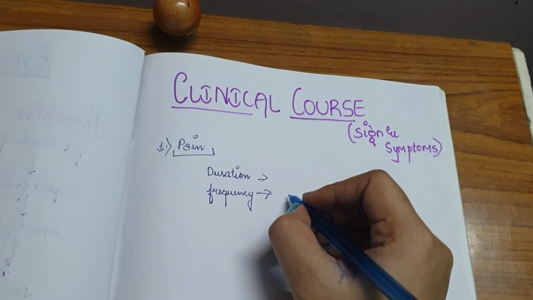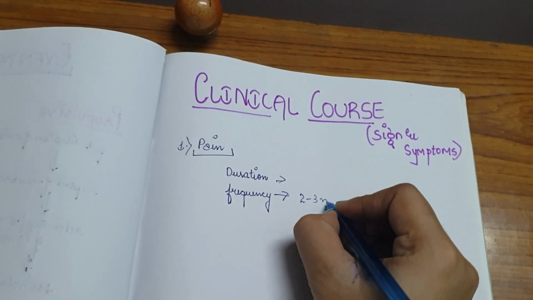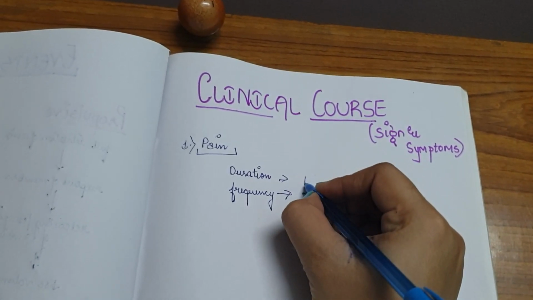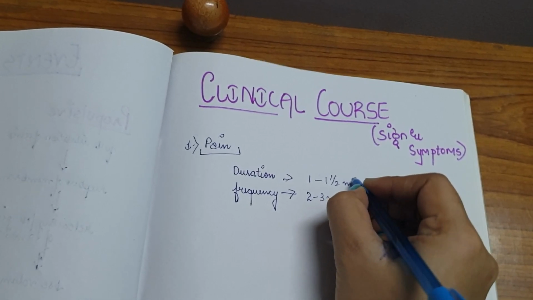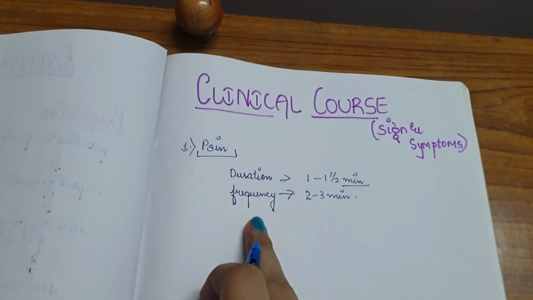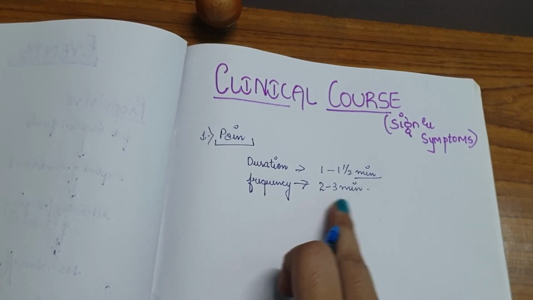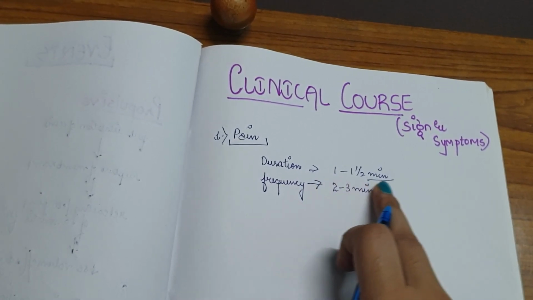the uterine contraction occurs every 2 to 3 minutes and remains for 1 or 1.5 minutes. As in the first stage of labor, the uterine contraction usually occurs after 3 to 5 minutes and the duration of contractions is 45 seconds.